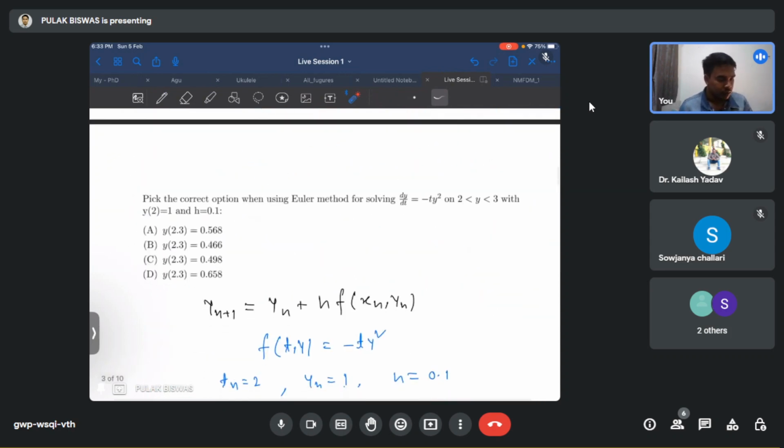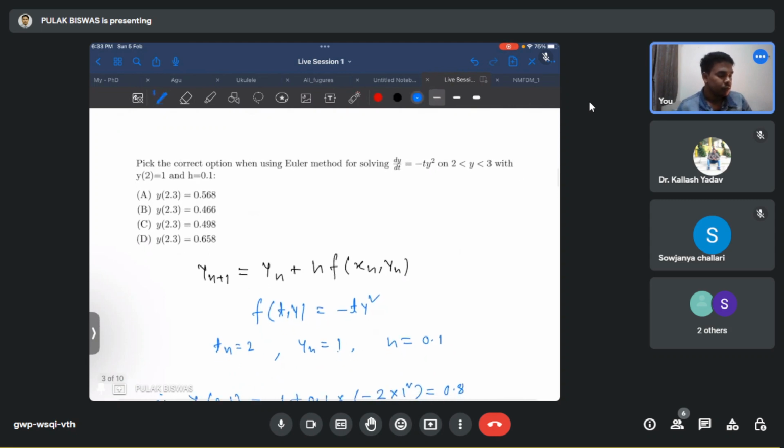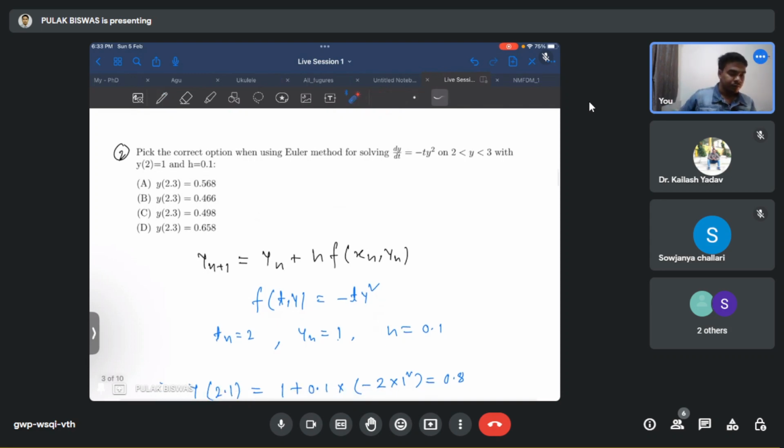So if I go to the next problem, this is using Euler's method.